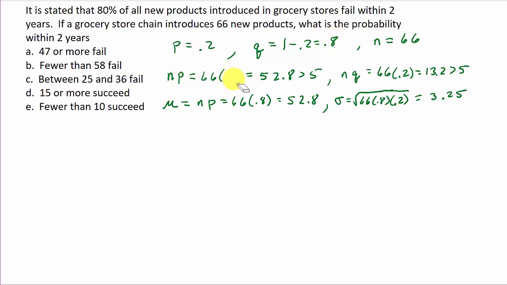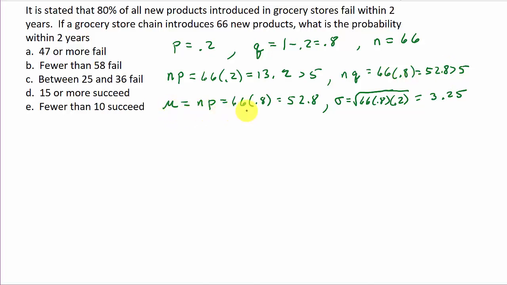Well, now p is 0.2, so this is going to be 13.2. And then I've got to do n times q, which is n times 0.8. These things just swap, and that was 52.8, 66 times 0.8.